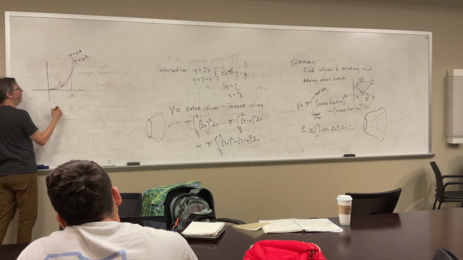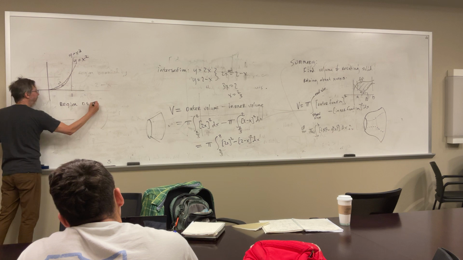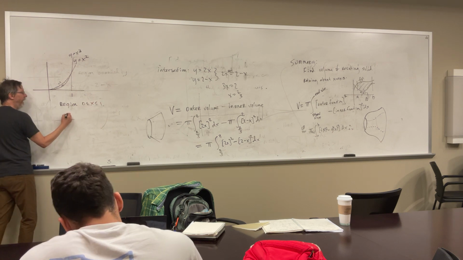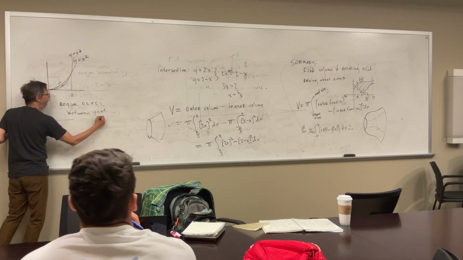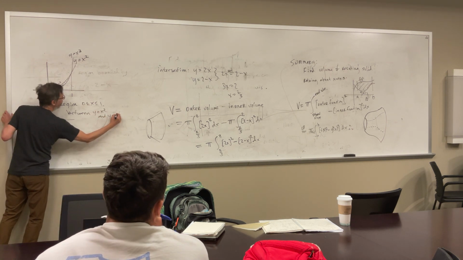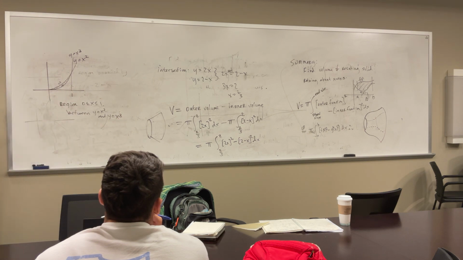Can you find the volume of this region rotated from 0 to 1? So the x range is 0 to 1, and between y equals x squared and y equals x cubed. Can you set up that integral, please?